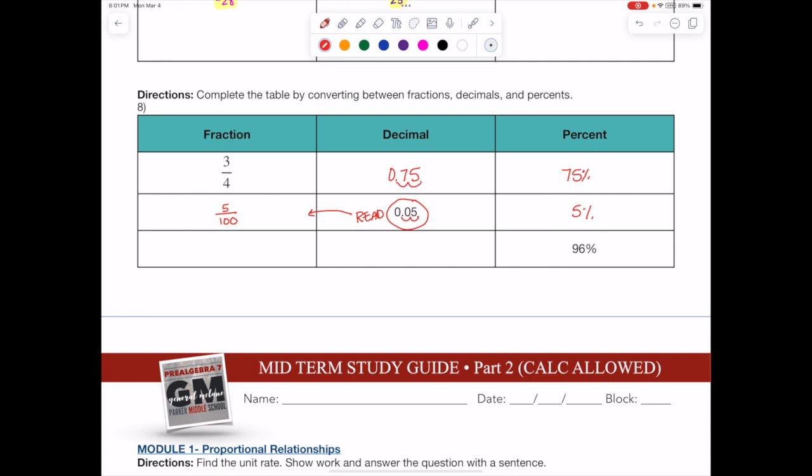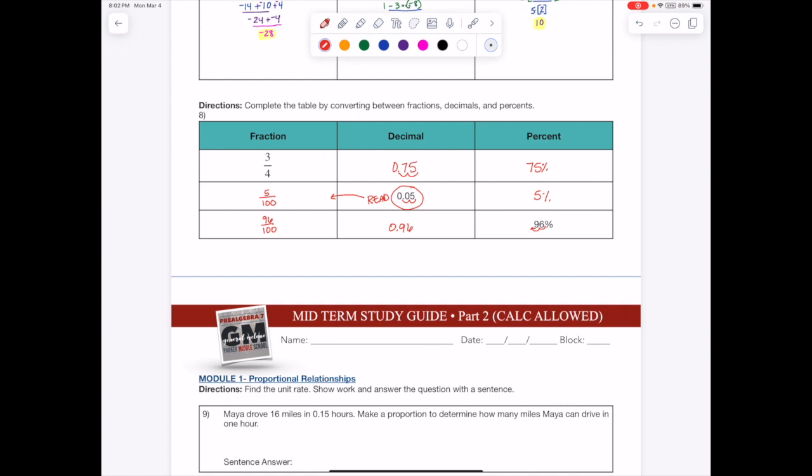All right, 96% we know is 96 out of 100, okay? And then 96 out of 100, if you read that, it's 96 hundredths, okay? Or you could just take your decimal and swoop, 2 spots to the left, and you get 0.96. So you have multiple options to fill out the table, but there's your correct answers, okay?